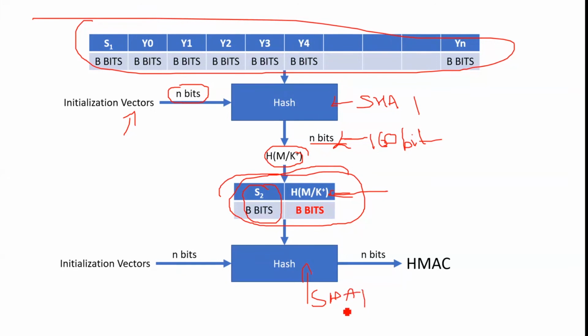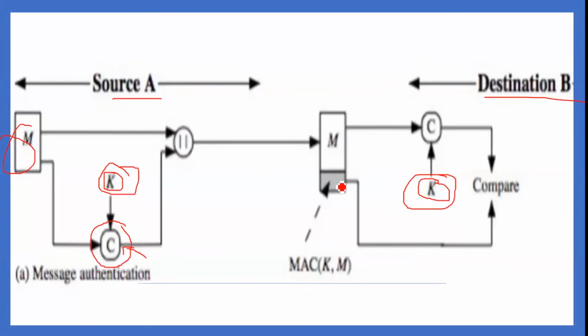No matter what the size of this particular message is, we generate a 160-bit output because we are using SHA1. This 160-bit output, or SHA1 output, is nothing but my HMAC, which I use here at this place.